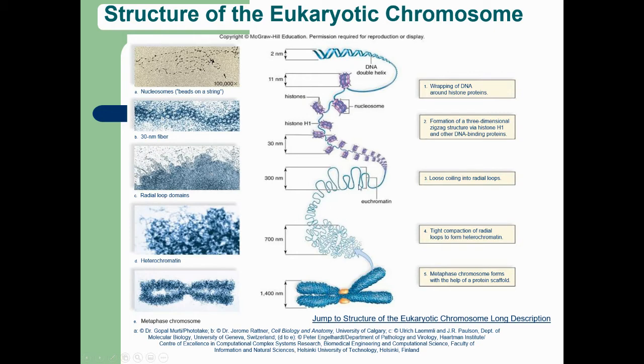And then we kind of loop that up and curl it all up. This image, what we usually associate with chromosomes, only occurs for a very short time in our cells, and we're going to look at when that is.